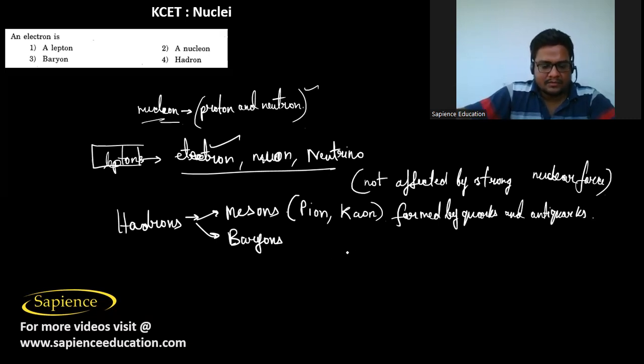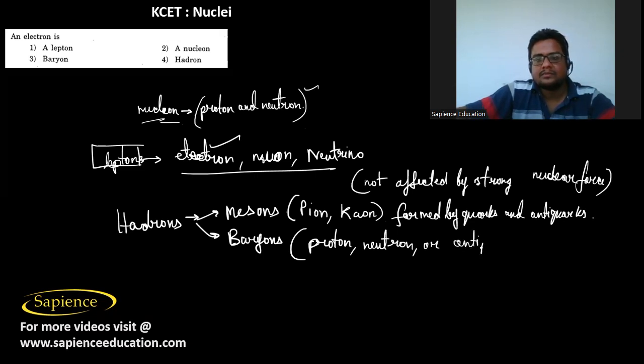And examples for baryons are proton and neutron, or you can say anti-proton and anti-neutron.